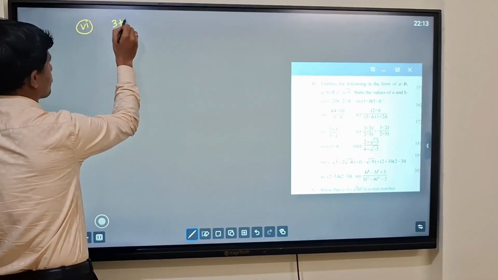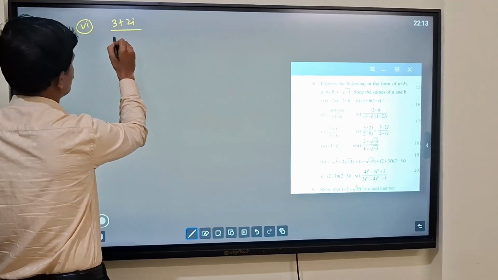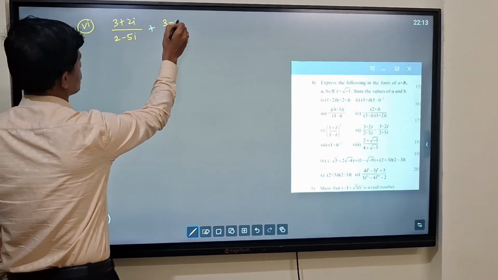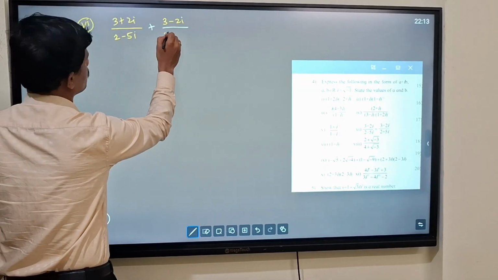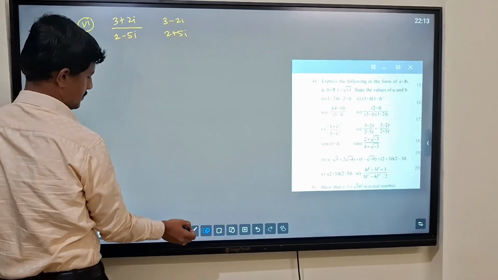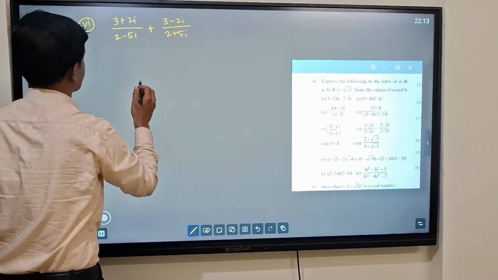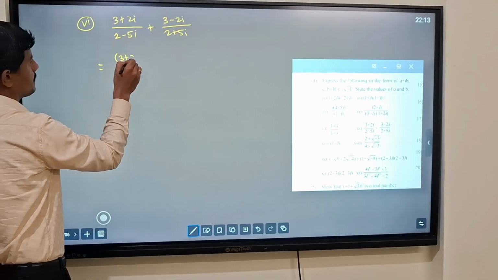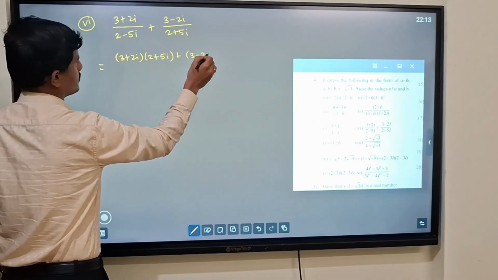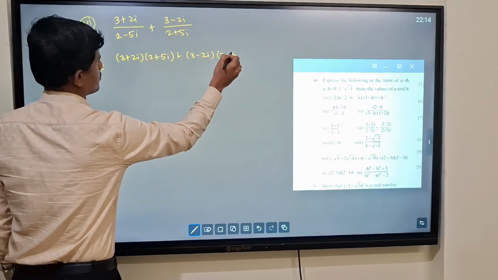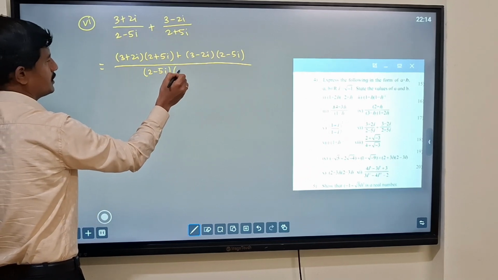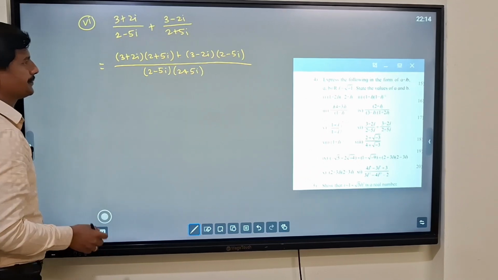3 plus 2i upon 2 minus 5i plus 3 minus 2i upon 2 plus 5i. Okay, so cross multiplication: (3 plus 2i) into (2 plus 5i) plus (3 minus 2i) into (2 minus 5i) upon (2 minus 5i) into (2 plus 5i).